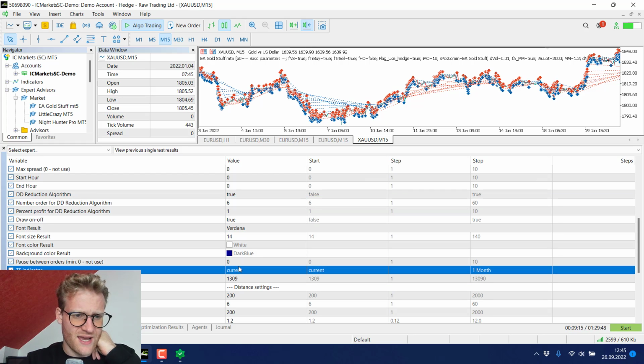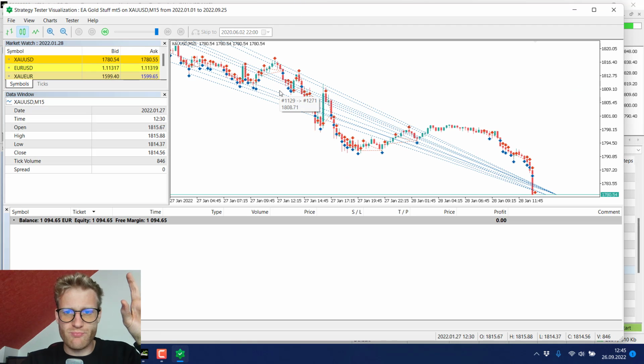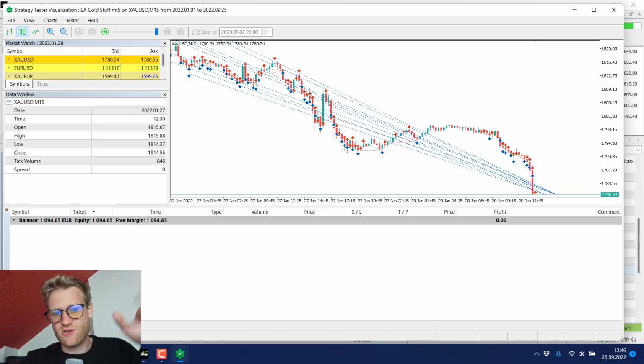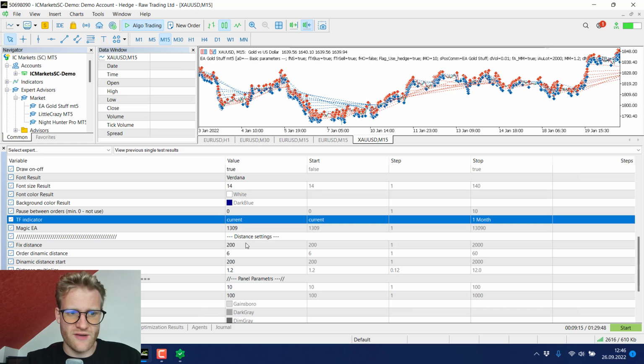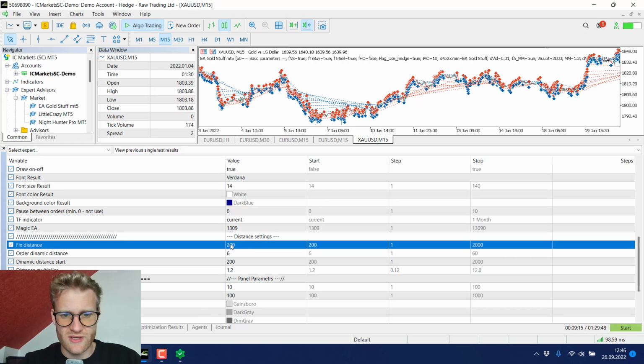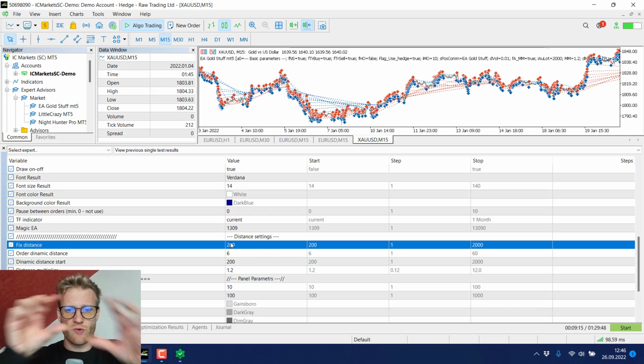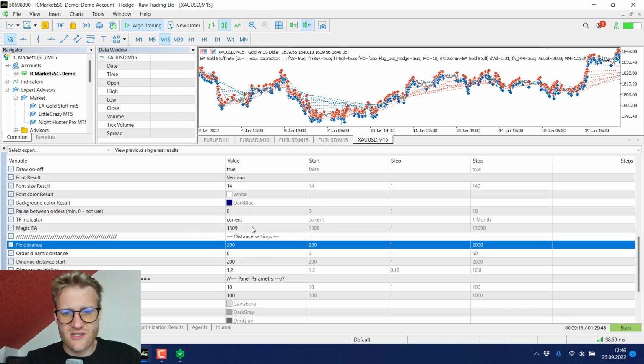You can define the time frame. This is important because I believe it only opens at maximum one buy or sell trade per bar. This is what we can see here. And then you have some distance settings, and this is what I showed you before. You have this grid, and there were always 200 or more points between two trades.